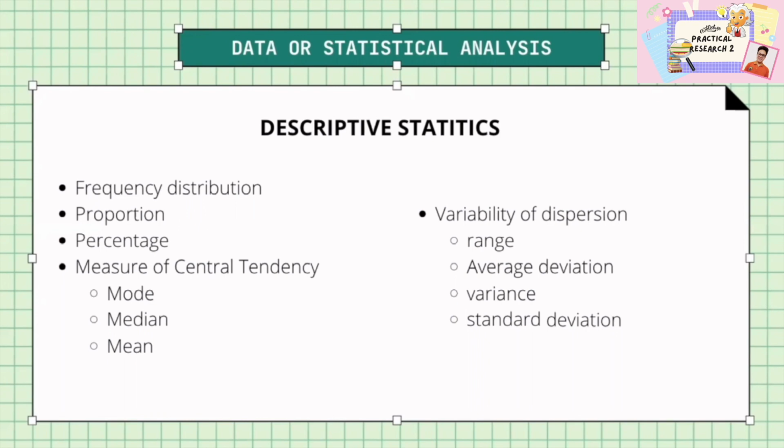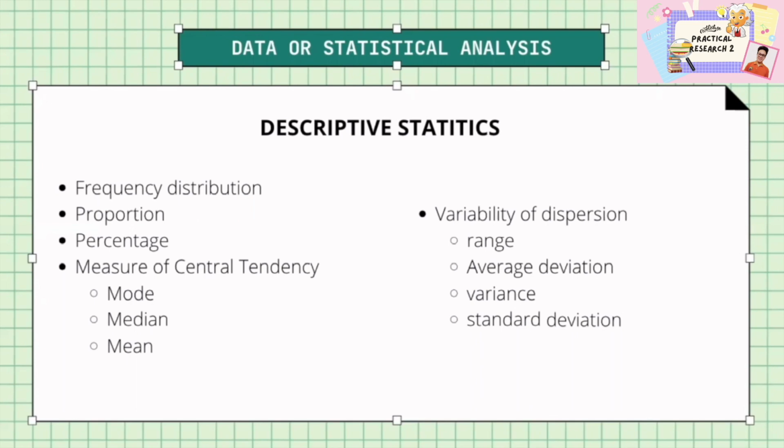Average deviation is the measure of variation that takes into consideration the deviations of the individual scores from the mean. Variance is the square of the standard deviation, meaning you first have to get the standard deviation before you get the variance.